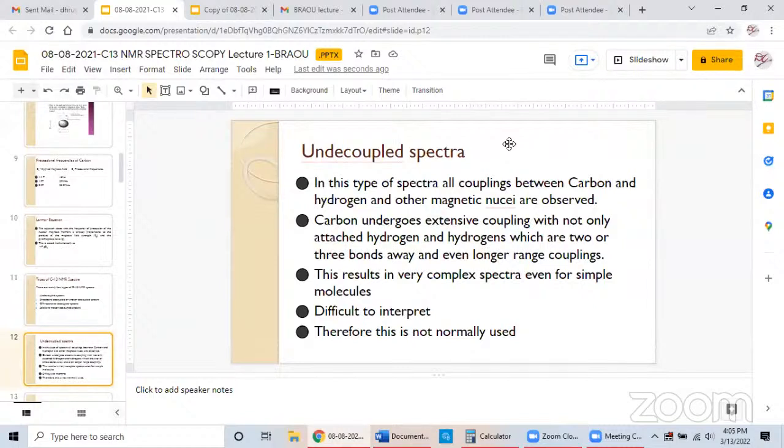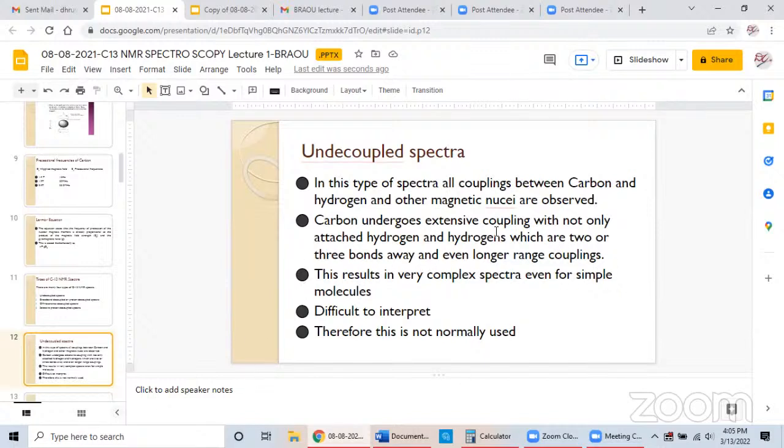Not only that, it will couple with the directly attached protons and with protons 2 bonds away and 3 bonds away. So long range couplings are also possible. So carbon undergoes extensive coupling with not only the attached hydrogens, but it also couples with hydrogens which are 2 or 3 bonds away, and sometimes even longer range coupling.